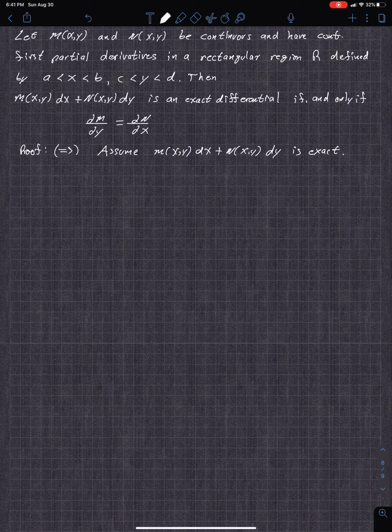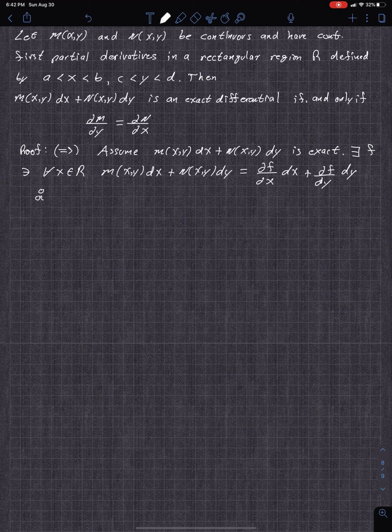If it's exact, by definition, there exists a function f such that for all (x,y) in the region R, M(x,y) dx plus N(x,y) dy is equal to partial f with respect to x dx plus partial f with respect to y dy.